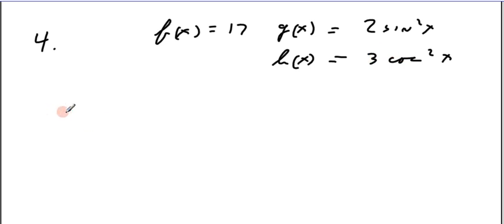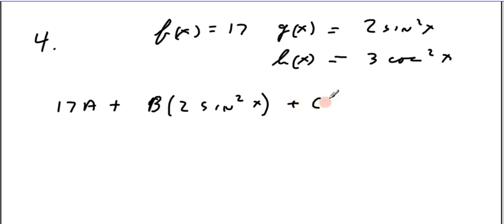Okay, so what I want is something that is 17a plus b times 2 sine squared x plus c times 3 cosine squared x, and that has to be 0.